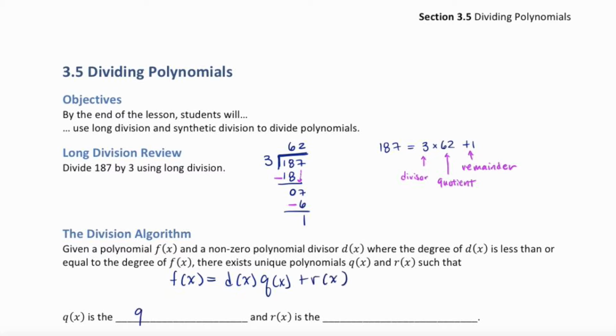Here, q of x is the quotient, and r of x is the remainder.